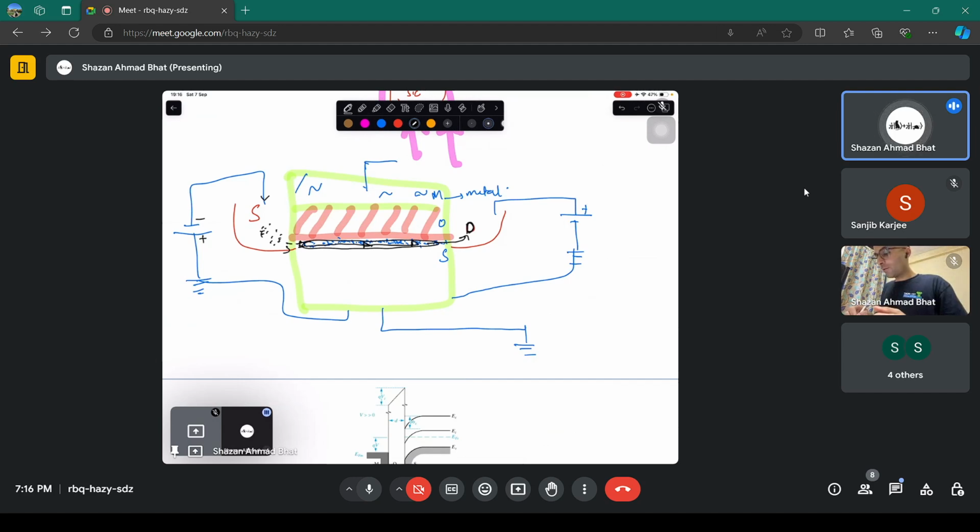But electrons will be able to flow from here only when the channel is already induced here, meaning when the electron conductivity is higher. If the channel is not inverted, meaning the channel is not formed here, those electrons cannot move at all. When those electrons travel, they get collected here, completes the circuit, you get flow.